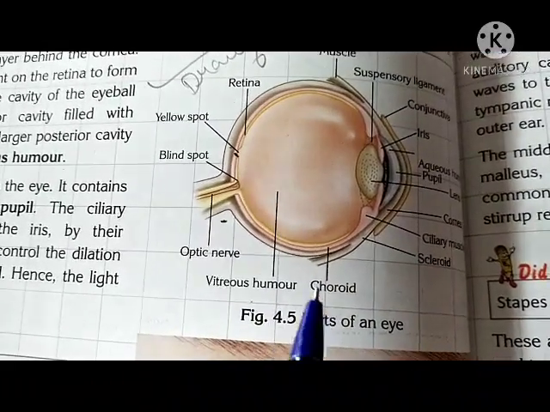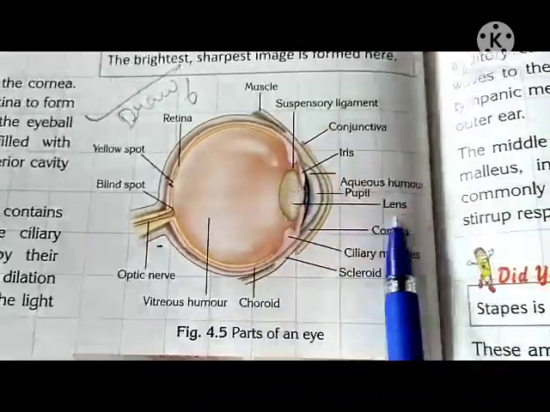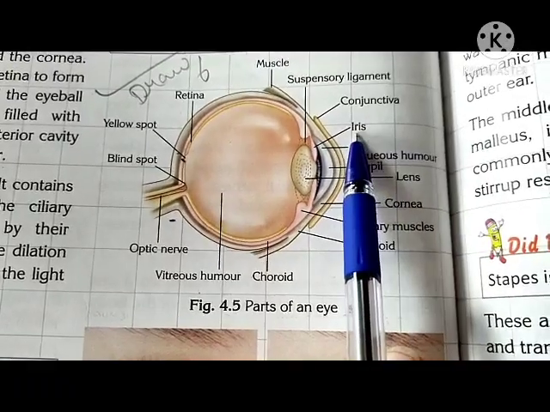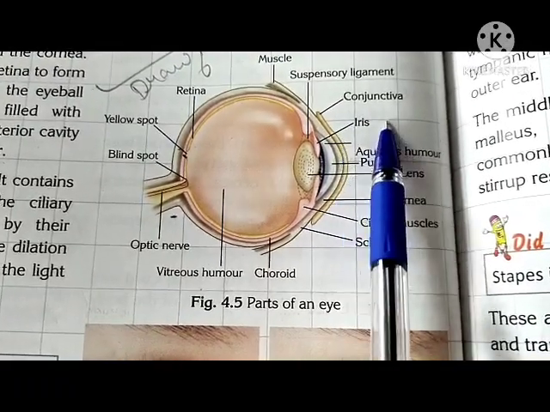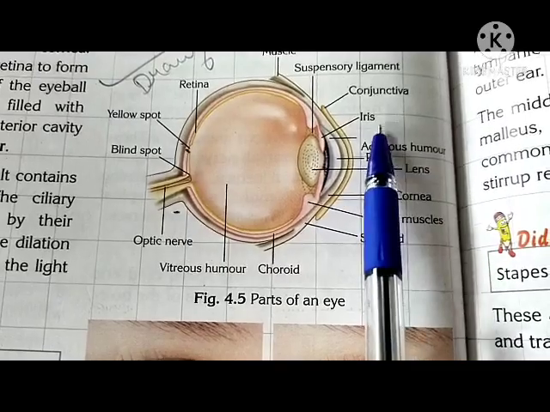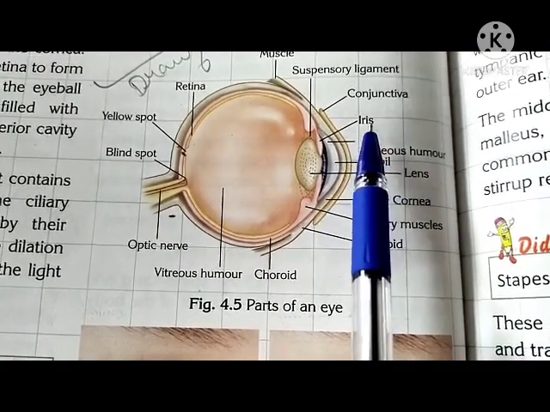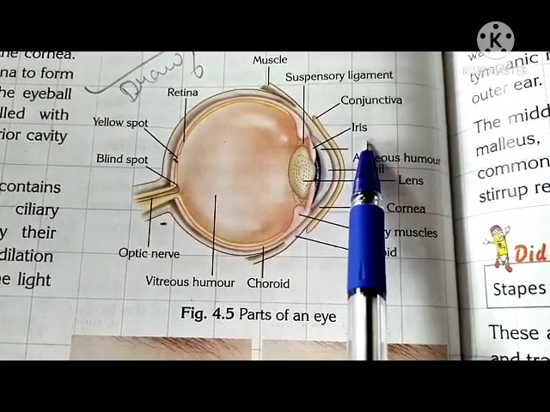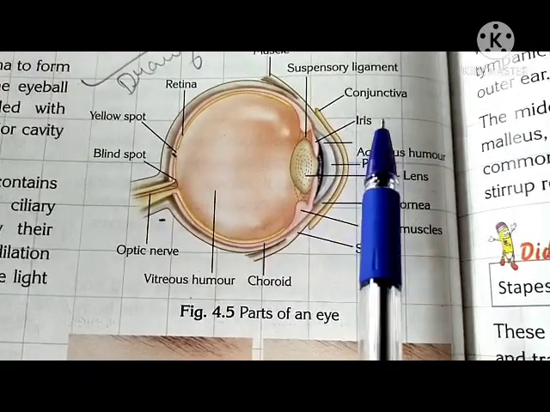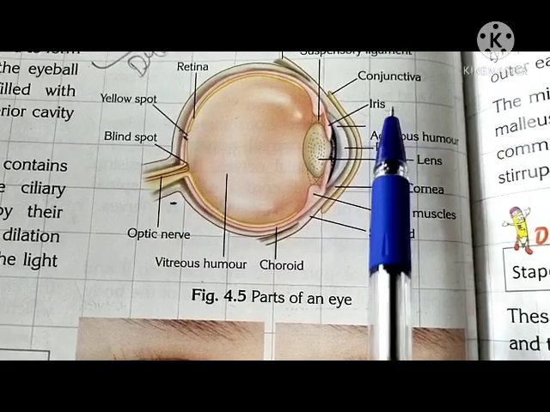Students, what you have to remember is, what is iris? Iris is the part of the eye which contains pigment. Some people have green eyes, some have black eyes, some have brown eyes.